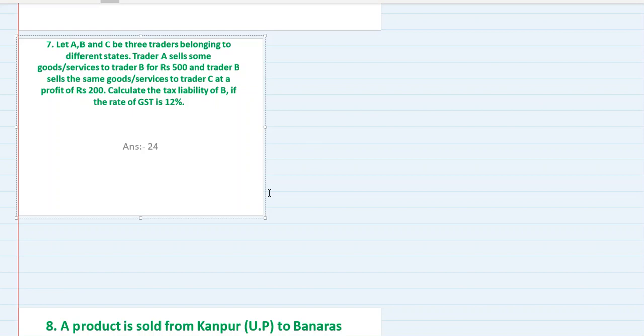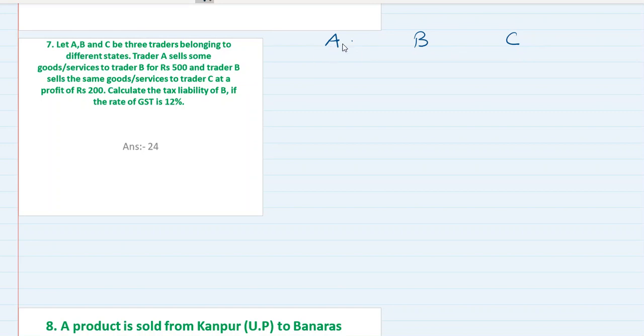Let's start with the first question. Let A, B, and C be three traders belonging to different states. One thing is very clear: trader A, trader B, and trader C all belong to different states.